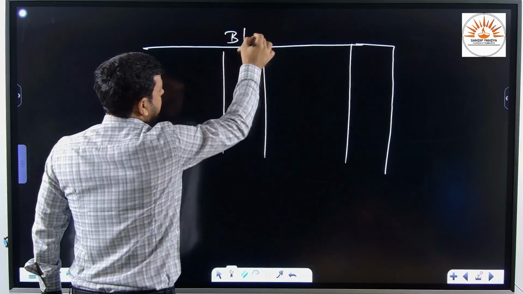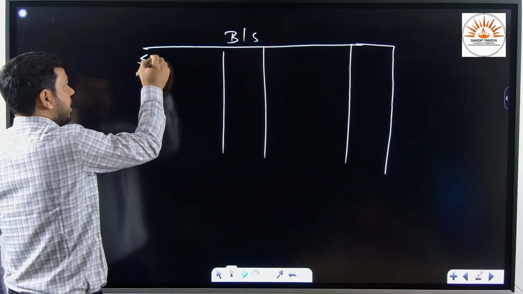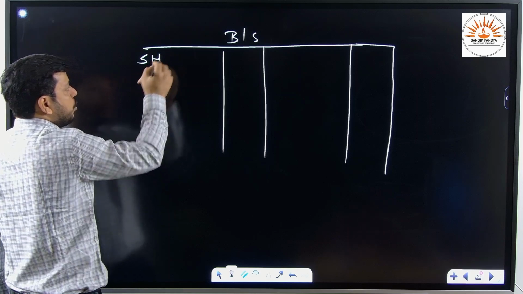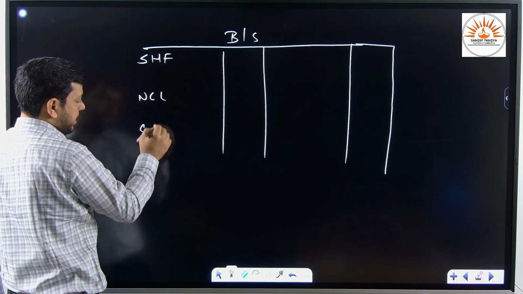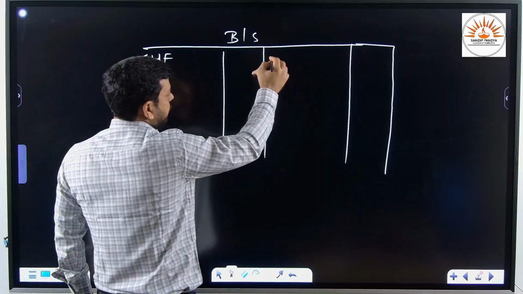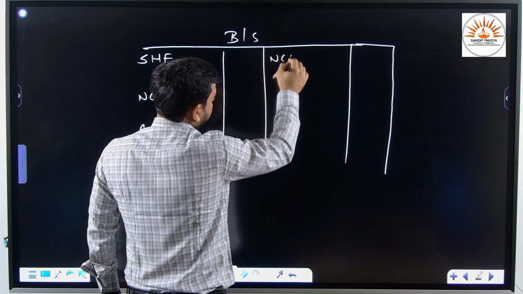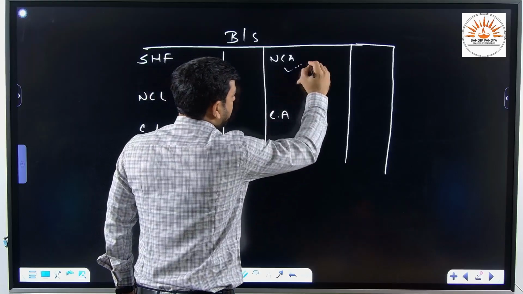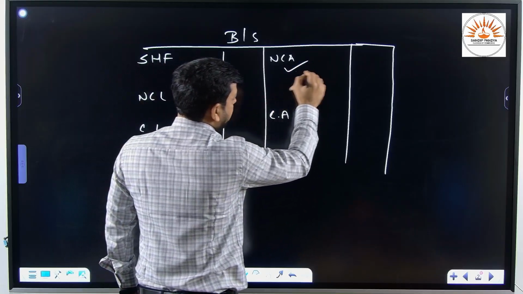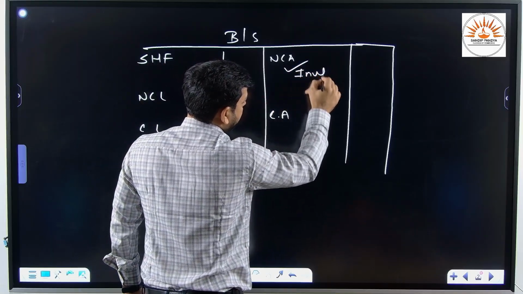This is our balance sheet, where on the liability side we show shareholders' fund, non-current liability, current liability, and on the asset side we usually write non-current assets and current assets. As I told you earlier, non-current assets is a part of investing activity.